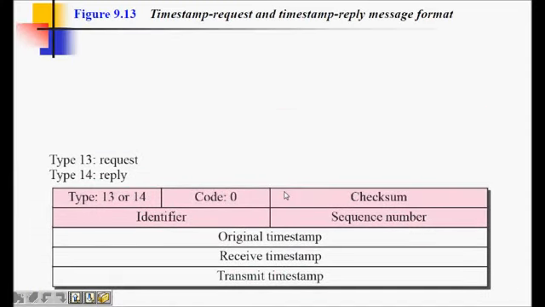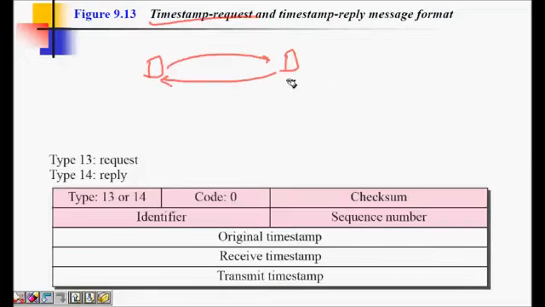Then there are timestamp request and timestamp reply. This is another query message. With a timestamp request, I ask the other computer, please send me your time on your computer, and it will reply with the timestamp reply. It will send me the time now. The request is type 13 and the reply is type 14.